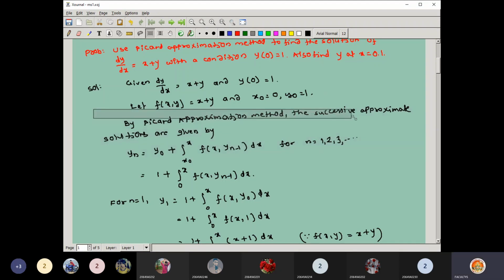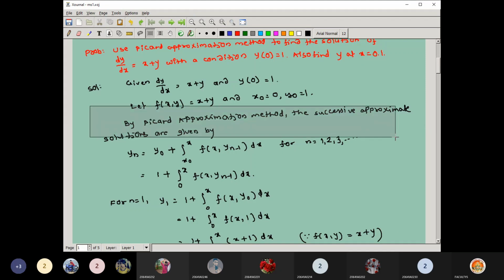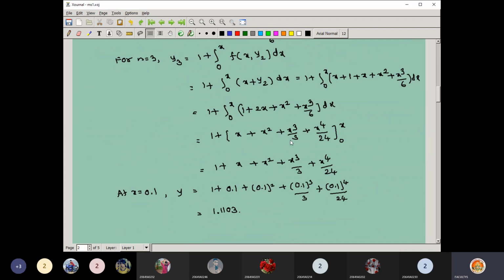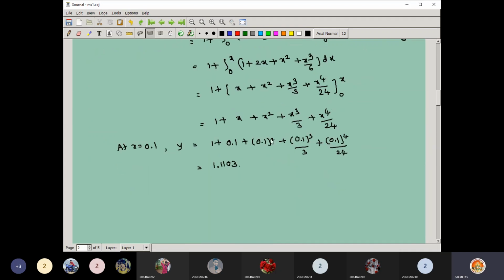What is the answer you are getting there? Have you got the answer for this? 1.1103.